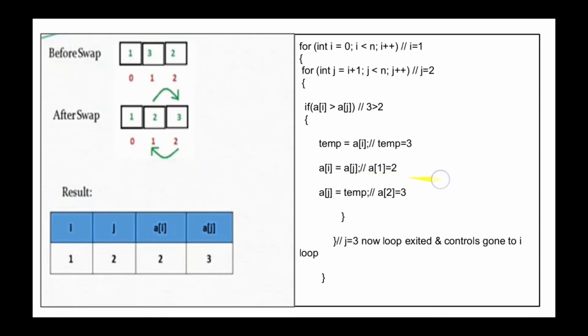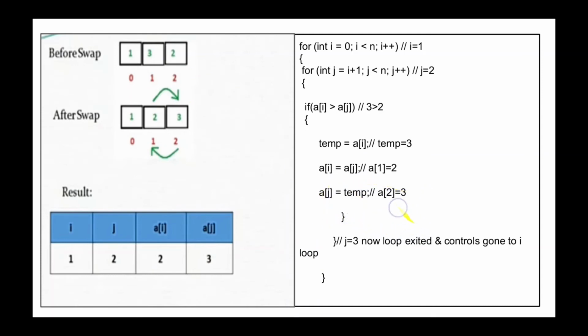Then go to the next condition, temporary is equal to a of i. The value is 1. Then check, the first location element 3 is stored in the temporary variable. Then go to the next condition, a of i is equal to a of j. The value is 2, the second location element 2 is stored in a of i.